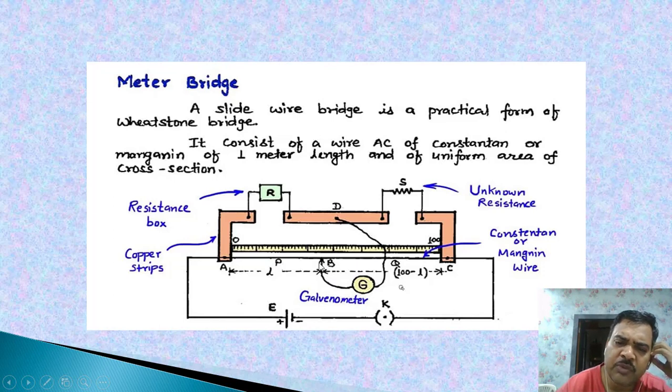At point B, when the galvanometer shows zero deflection, we get the balance point B. So the resistance between A and B is P, and between B and C is Q. Between A and D is R, and between D and C is S. One cell is connected between A and C.